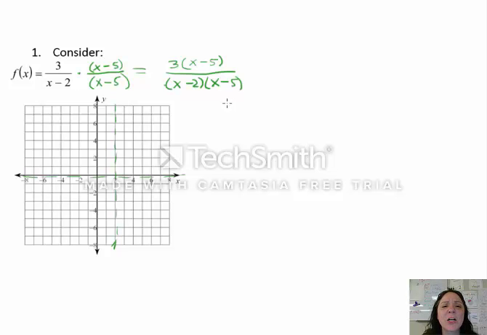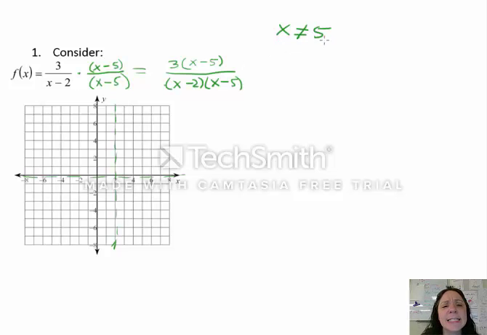If I have what I call a removable discontinuity, or a hole in the graph, then I'm not going to have a vertical asymptote. But I do have a disallowed value for x. X cannot equal 5. We'll talk about how we can fill the hole in just a moment.